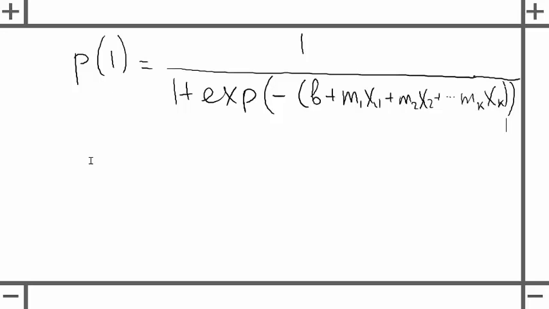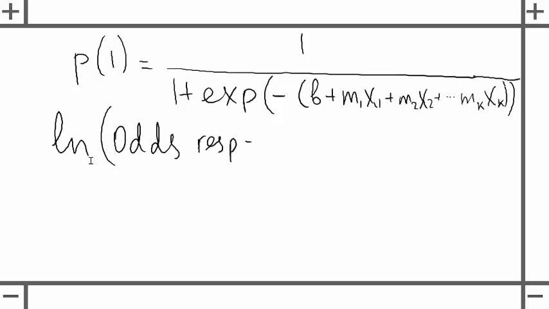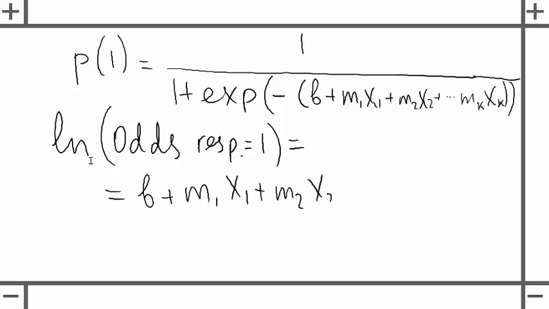Alternatively, here is how you can write it differently. You can write it as natural log of odds that the response is equal to 1 is your linear expression: b plus m1 x1 plus m2 x2 plus mk xk, right?